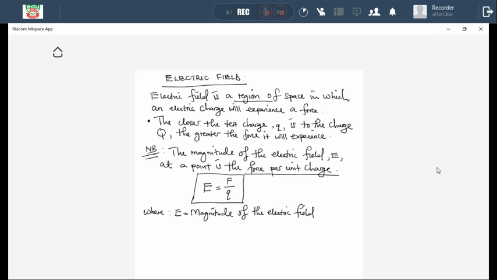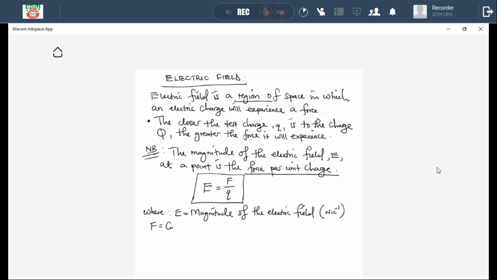And when you look at the formula, you can derive the units for electric field. Force is measured in newtons and charge is measured in coulomb. So it means the unit for electric field is newton per coulomb, right?